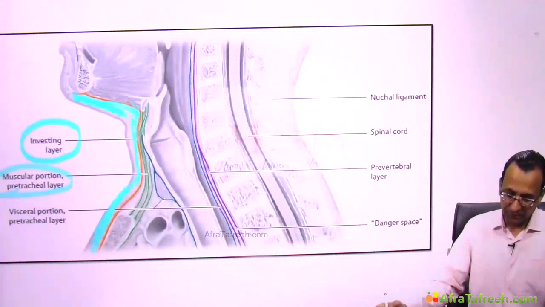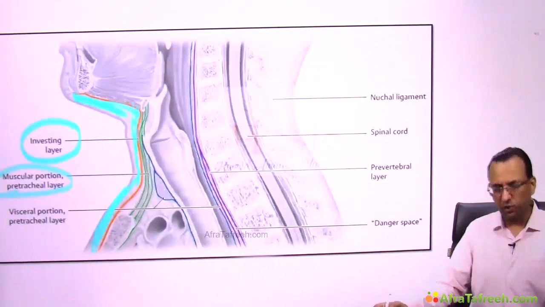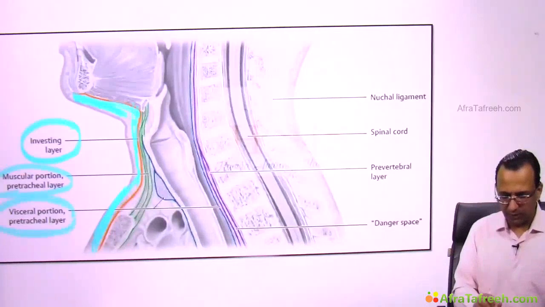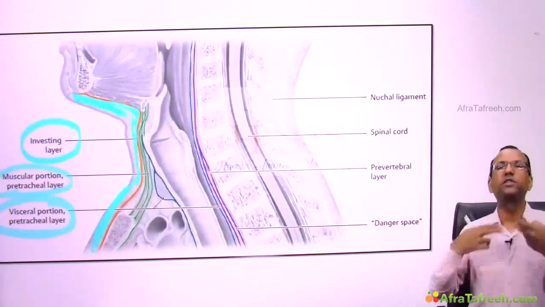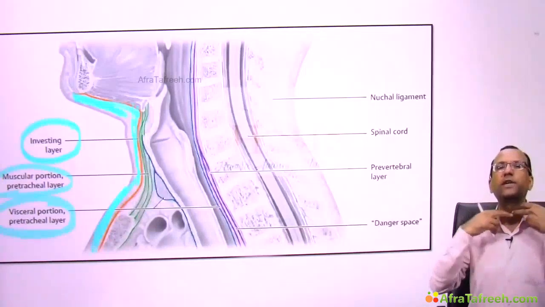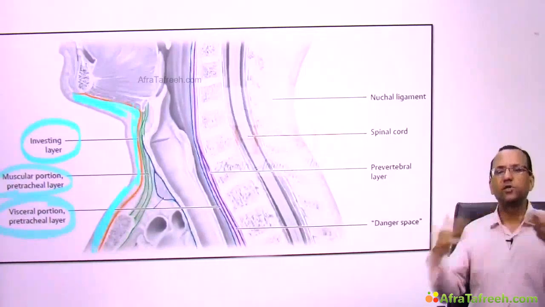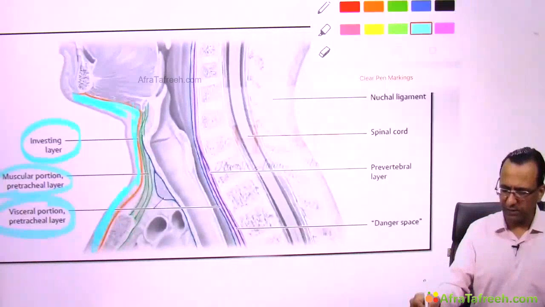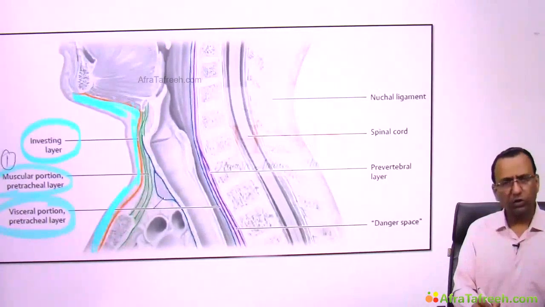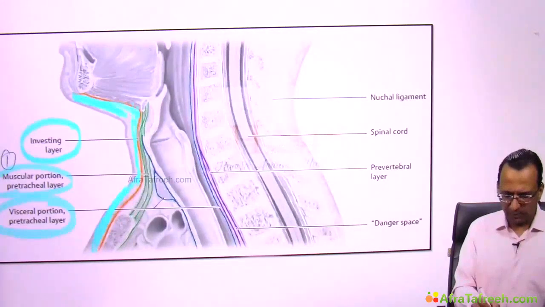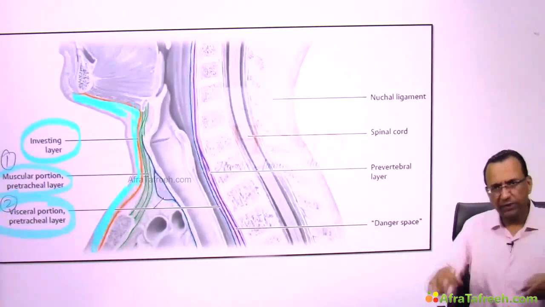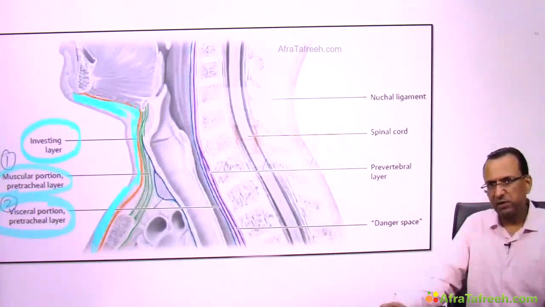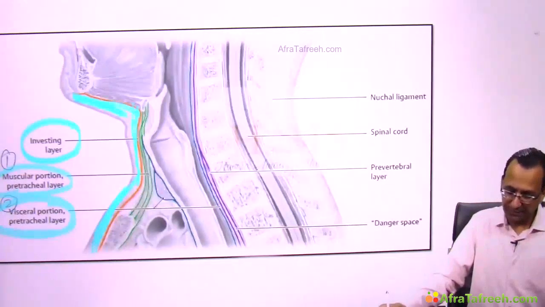And then it has a visceral portion also to cover the viscera, like thyroid gland, trachea and the esophagus. So pretracheal fascia has a muscular portion to cover muscle and a visceral portion to cover viscera. Pretracheal fascia itself has multiple components, that's the point.